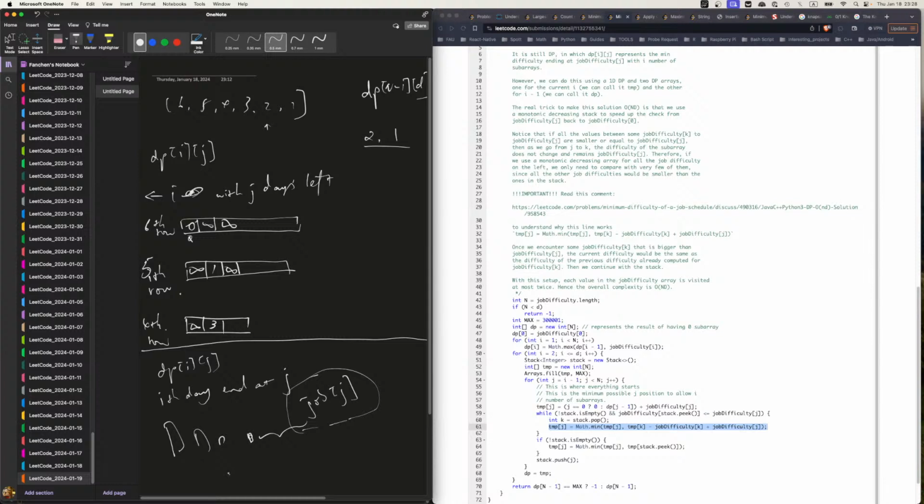So it's going to be job j plus the previous difficulty, which is going to be the dp, right? I don't see any dp here, so that doesn't sound right.